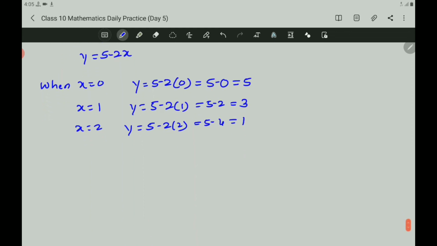So these 3 points are enough. Then you take the columns x, y. X values are 0, 1, 2, and the corresponding y values are 5, 3, 1. Here you got (0, 5), (1, 3) and (2, 1). Got the coordinates.